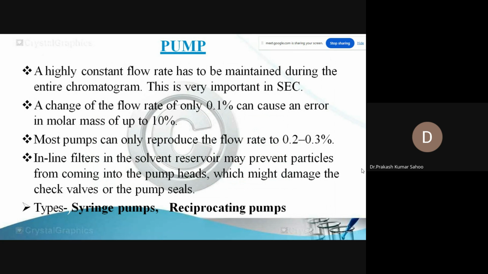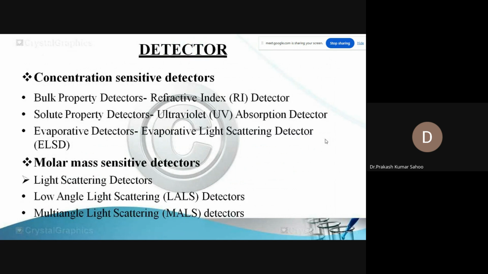A line filter in the solvent reservoir may prevent particles from coming into the pump head, which might damage the check valve or the pump seal. So the different types of pumps used are syringe pumps and reciprocating pumps.